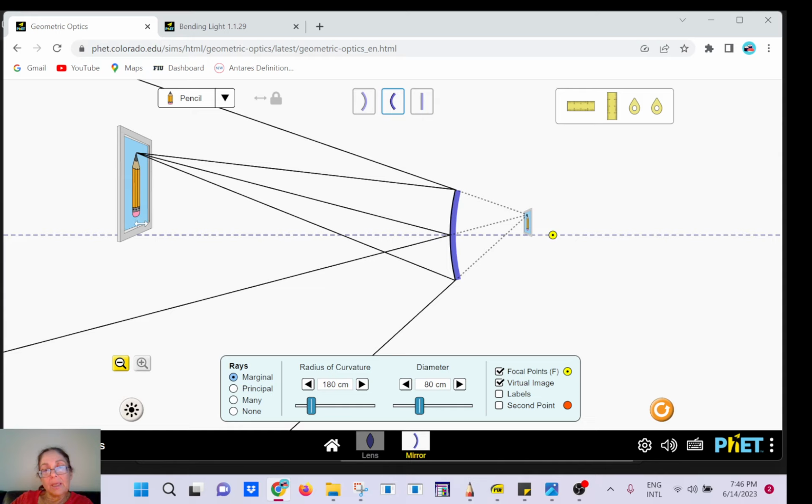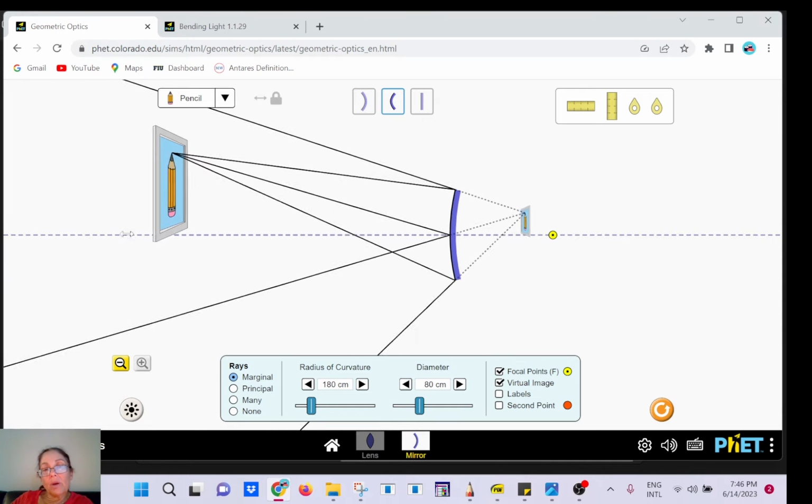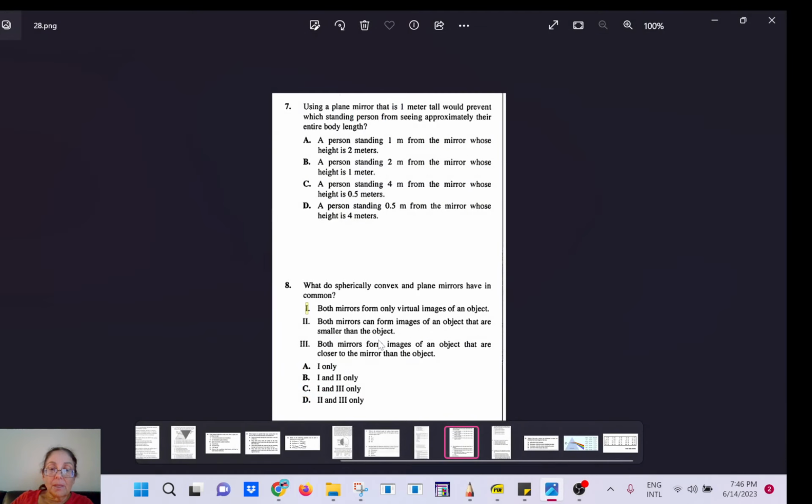Behind the mirror. And if I put the object really far away, the image will be here at the focal point and it's going to be smaller.